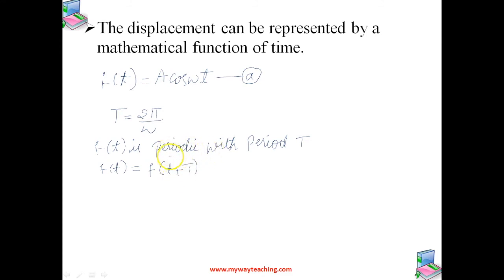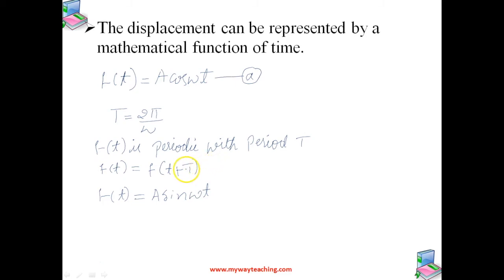Yes. And the same result is obviously correct if we consider a sine function. Here, not only cos, it's true for even sine function. We can write it as a sine omega t.